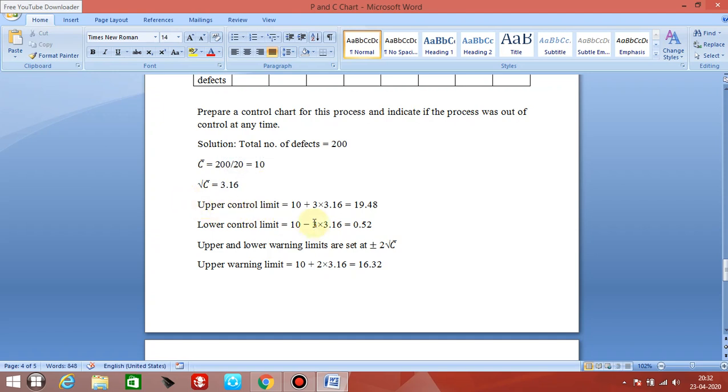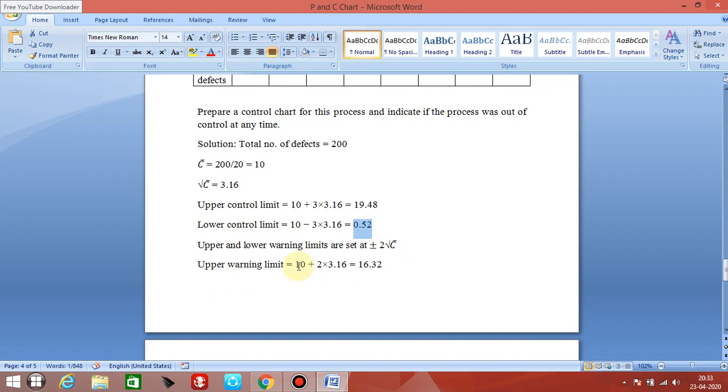Upper control limit is how much? C bar plus 3 into root over C bar. So 10 plus 3 into 3.16, which becomes 19.48. Lower control limit is how much? 10 minus 3 into this, so that is 0.52. Now the warning limit again, just like plus minus 2 sigma in P chart, here plus minus 2 root over C bar.